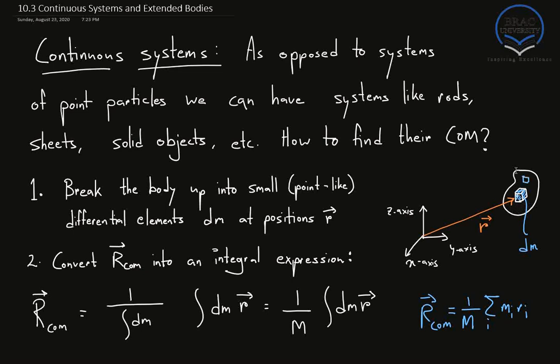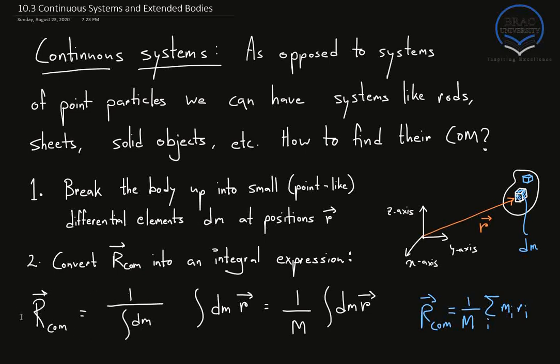We'll add up all the differential elements dm that make up this object. In doing so, instead of a sum, we'll have to run an integration because this is a continuous system.